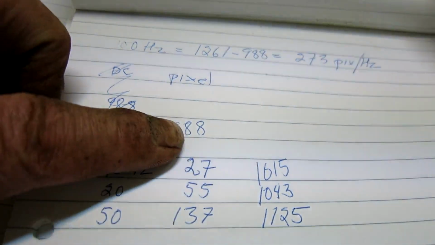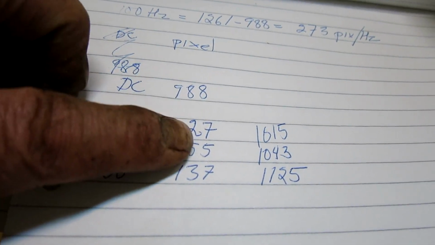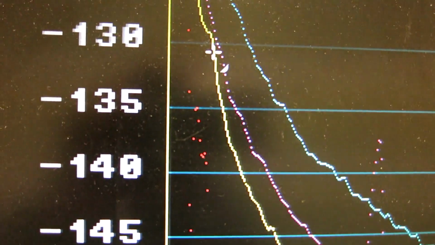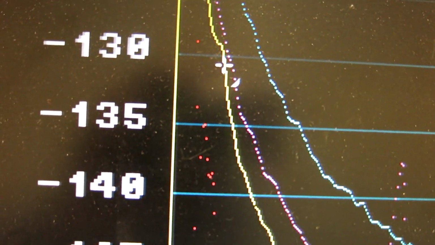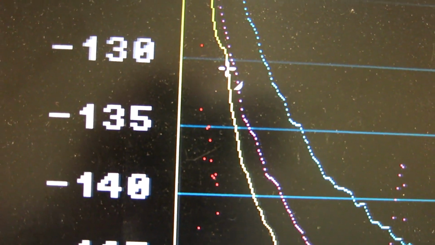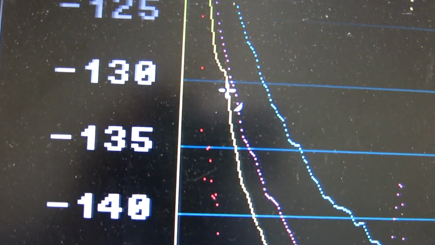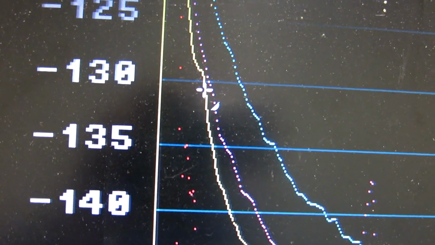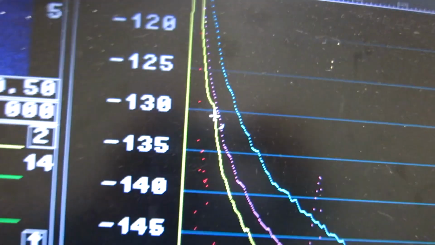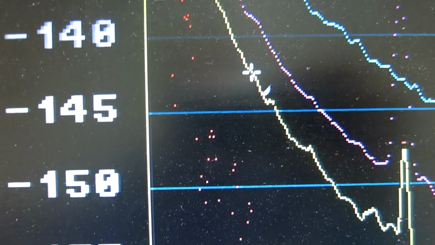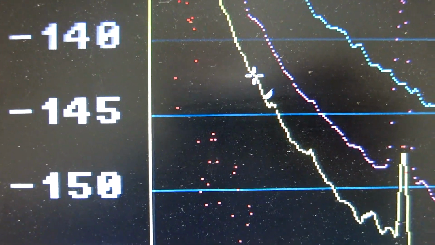So I add the DC component 988 to these differences, and here are the coordinates. So this is 1015, and I read that as minus 131. And of course the curve is a little bit up and down, so I cannot do this very accurately, but this is an estimate I can do. 1043, that's here, that's 20 hertz, minus 142 and a half.